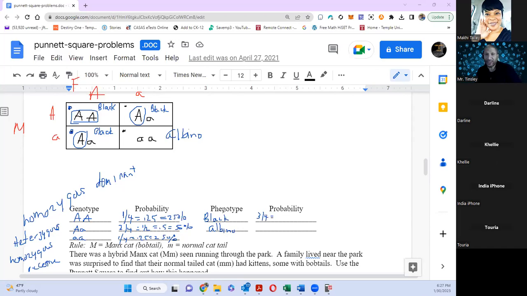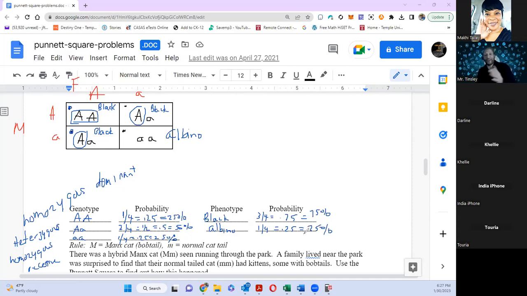What's the decimal equivalent of 3/4? 0.75. And what is 0.75 as a percent? 75%. Now, albino, how many do we have? 1 out of how many? 4, which is 0.25, which is 25%.